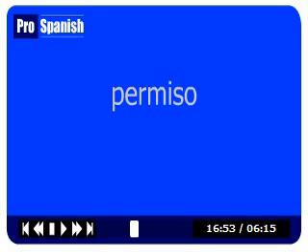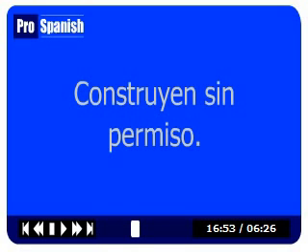Permission is permiso, P-E-R-M-I-S-O. They build without permission. Construyen sin permiso.